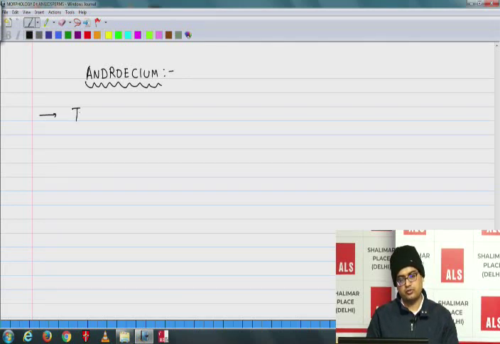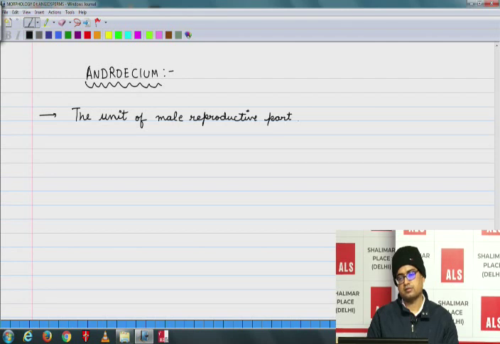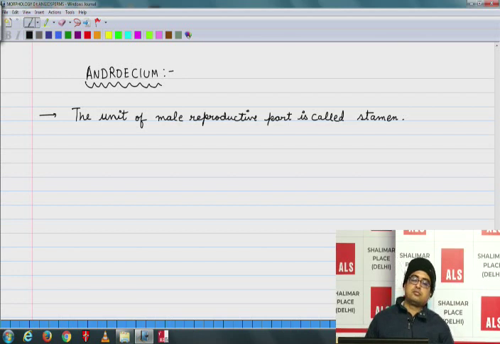The unit of male reproductive part is called stamen. You can write it in bracket.